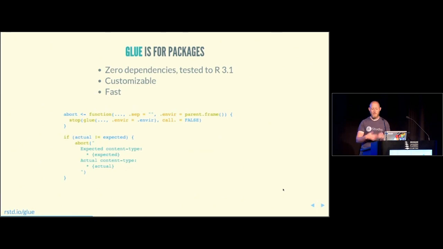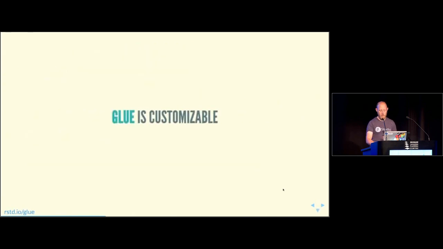Defining these types of helper functions I've found is really useful in packages because it lowers the burden on the package developer of providing this type of informative output, and that makes it very easy for you to include this type of output in your error messages.